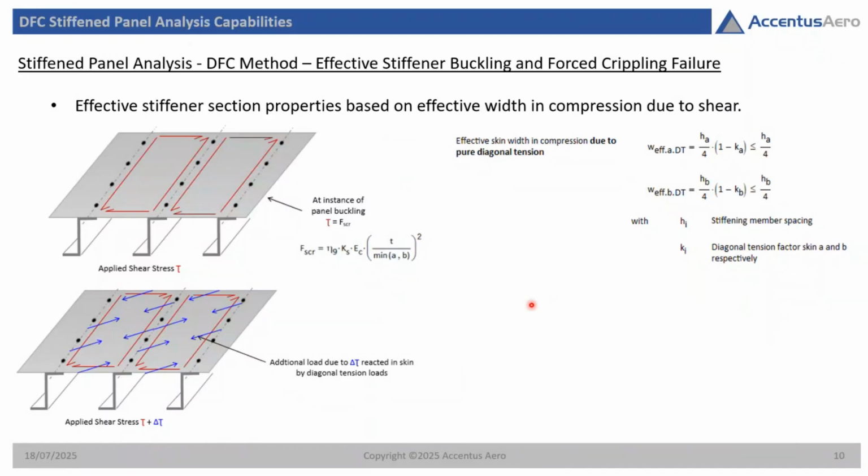The same as for the compressive part, we also use an effective width associated with this stringer, which is linked to what we call a diagonal tension factor in the skin. So the more buckled the skin is, the smaller the effective area becomes.